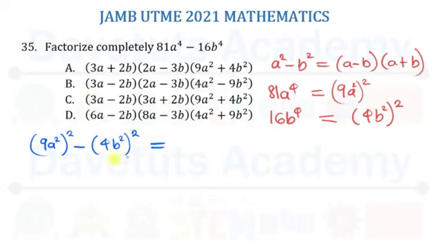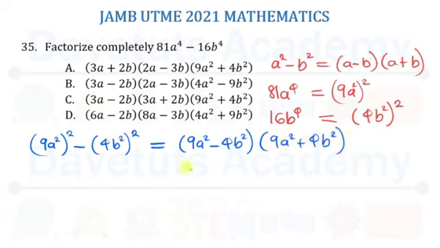Since I've brought it to this stage, I can now apply the rule of the difference of two squares to say this will give me 9a squared minus 4b squared multiplied by 9a squared plus 4b squared.